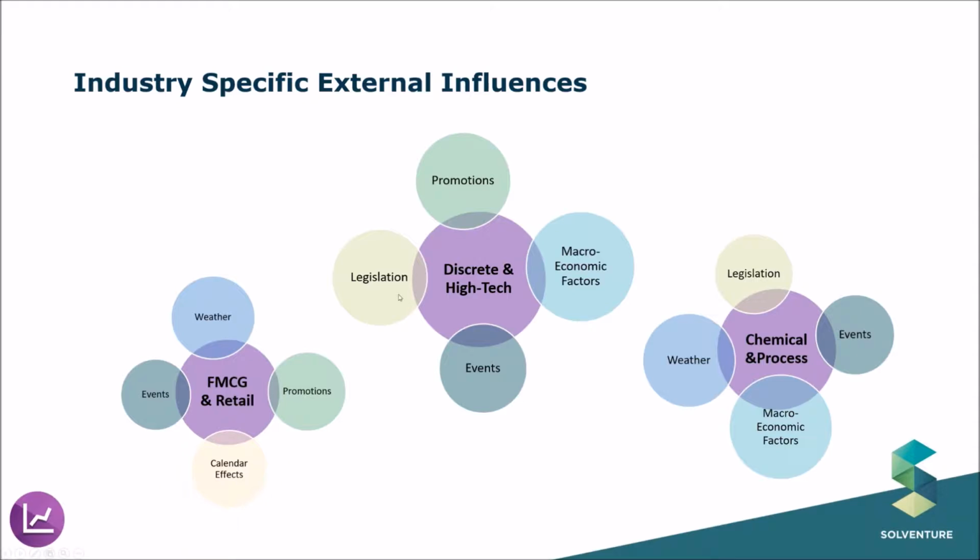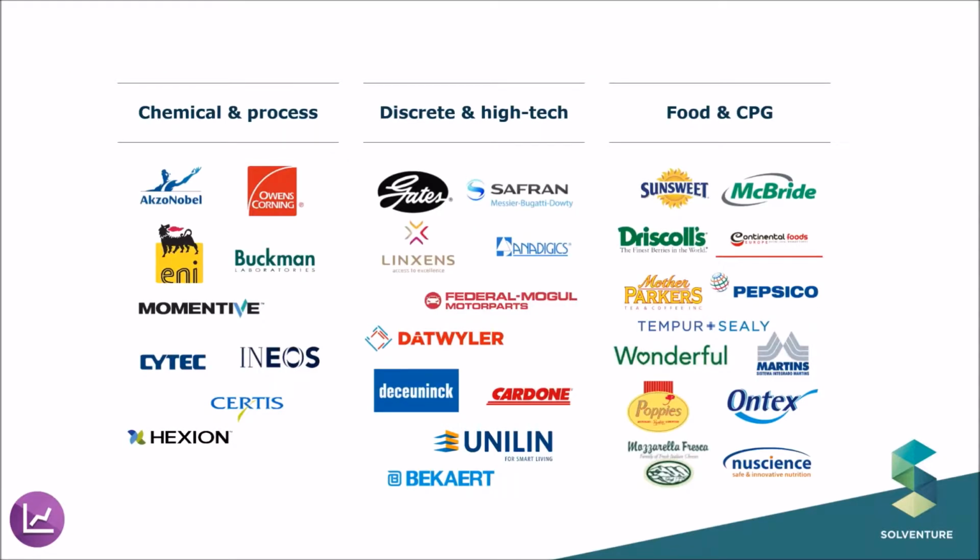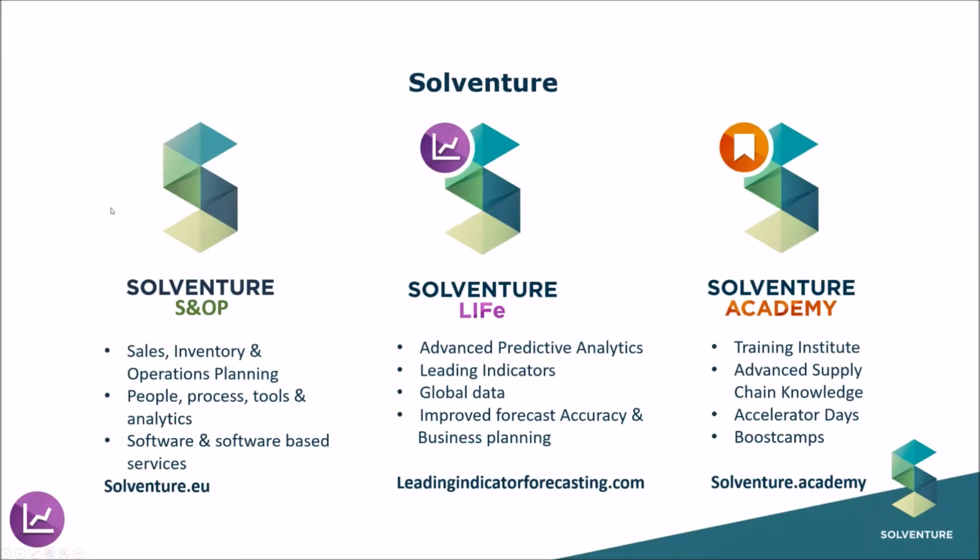So all of the industries are affected by external indicators or external effects, but not all with the same significance. So it's a small overview of our references in the different types of industries, and we've seen by doing the leading indicator analysis that it really brings important and useful insights in all of these industries. So it's definitely something to take into account.